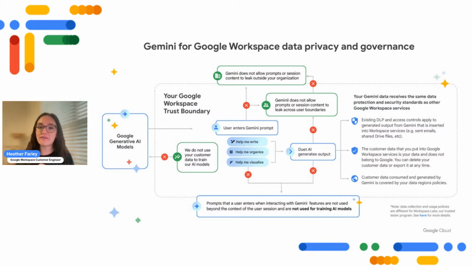Do you maybe have device policies, or context-aware access policies to ensure that the right folks have access to the right information at the right time? If you have these security settings already rolled out within Google Workspace, they'll automatically be deployed as you roll out Gemini.